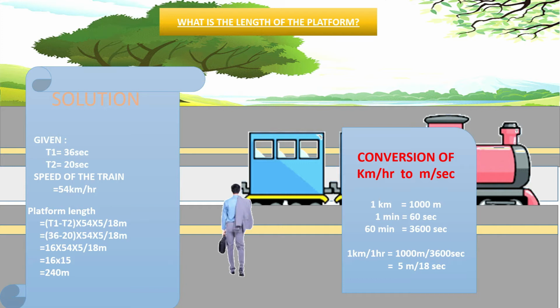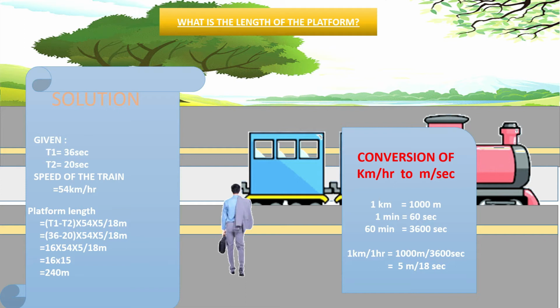To convert kilometer per hour, we divide 1000 meter by 3600 seconds. So, we will be getting 5 meter by 18 seconds. So, we are going to use this conversion factor 5 by 18 to convert the speed given in kilometer per hour into meter per second.